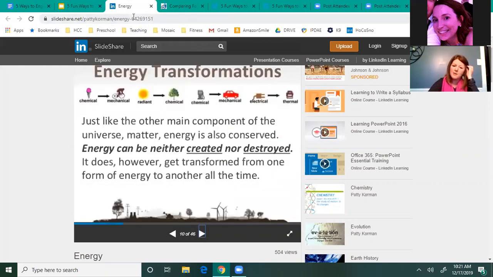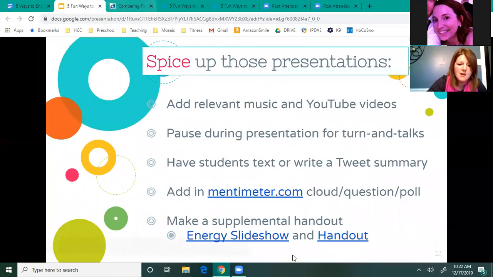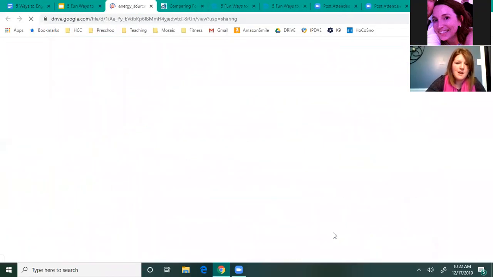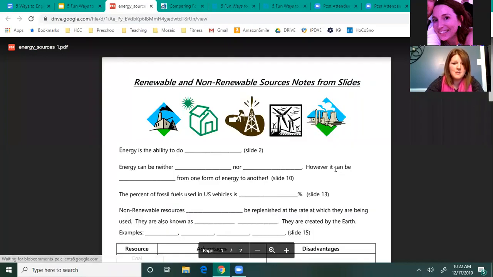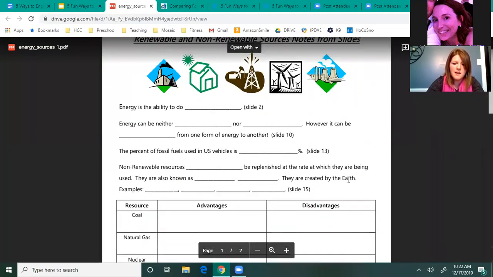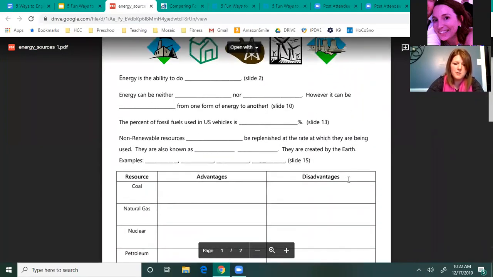So what we did was we used this as part of our learning rotations, which we'll talk about later. And I also created a handout for them to use while they did it. This handout had some fill in the blanks, and because it was 46 slides, I did give them slide numbers to help them find where those blanks would be located.